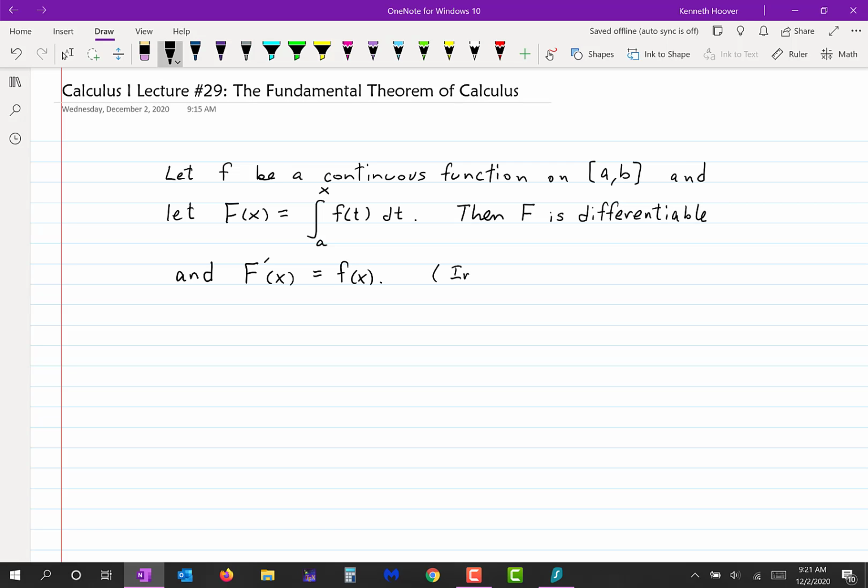In other words, capital F is an antiderivative of little f. Okay, so let me prove this for you. It's not too hard to prove. Okay, takes a little bit of work, but not too bad.